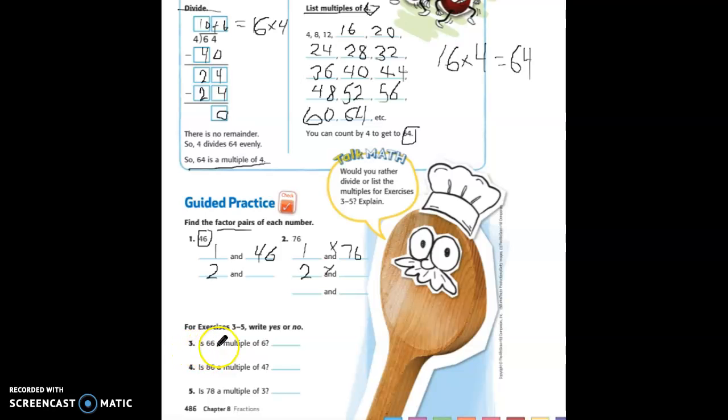Here, you're going to find, is 66 a multiple of 6? So you're going to choose which option. Do you want to show your division, or do you want to write out the multiples? This one, it would be easier to write out the multiples because when we do our song, this one is pretty high, and this one is pretty high too, so you're going to be writing a lot of 3s if you choose to do your multiples, which you can do.